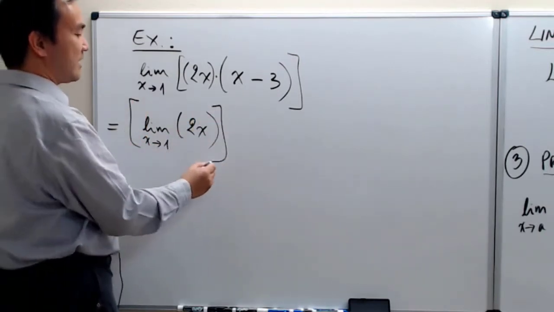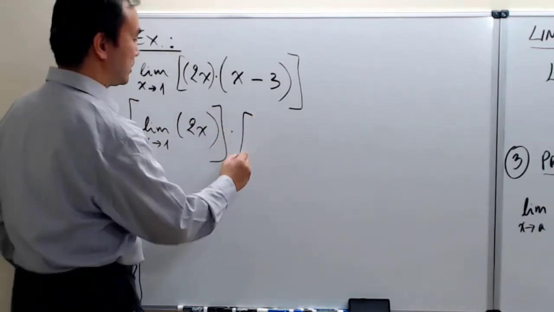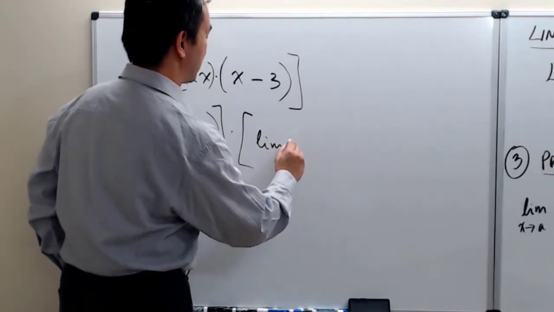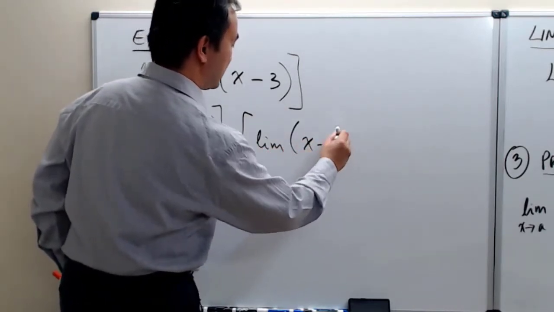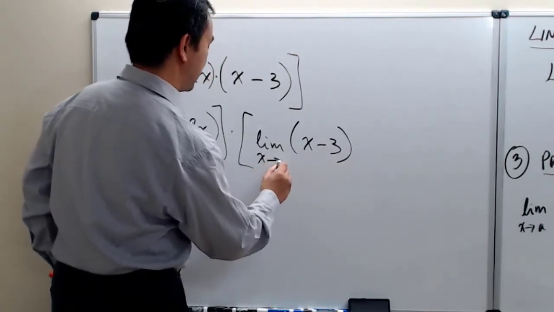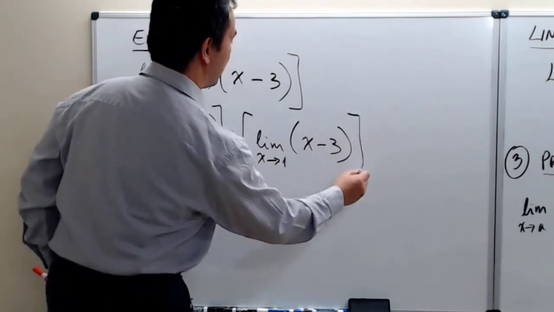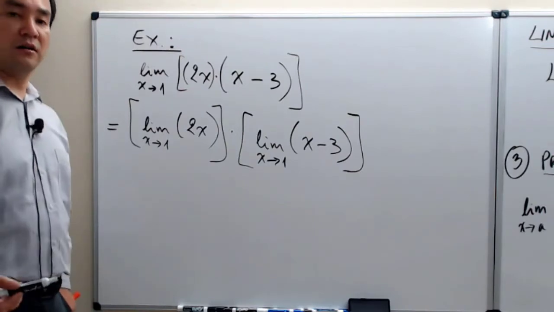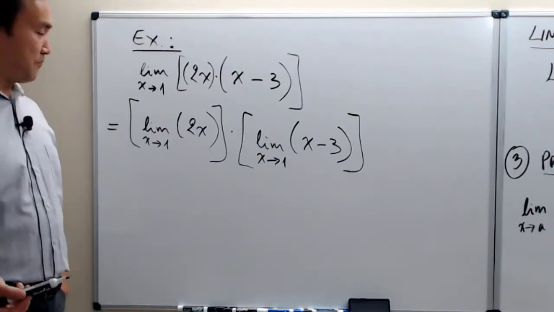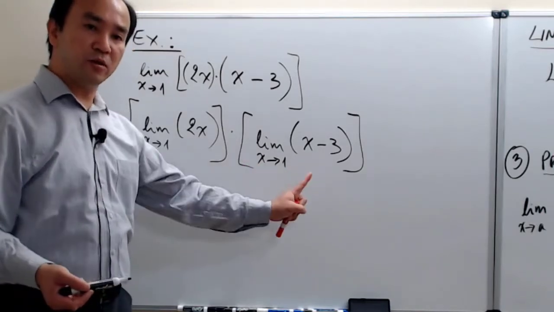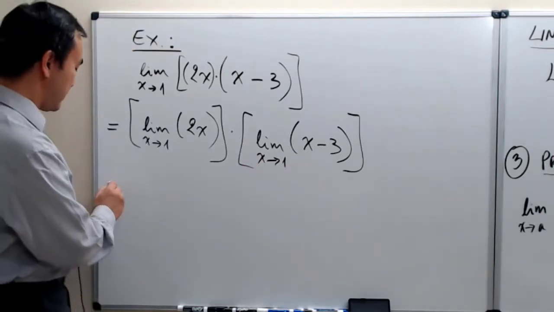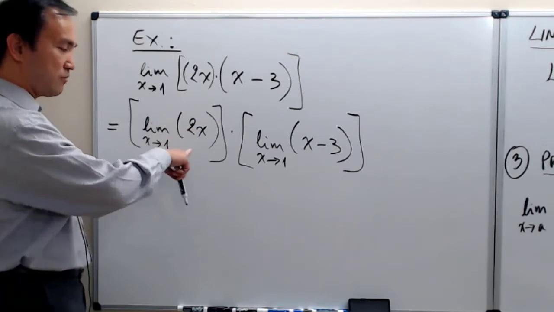And once we get that done, we can multiply with the other separate limit, the limit of the function x minus 3 as x gets close to 1. So the product of limits law allowed us to separate it down into two separate little individual works. And now we have seen how to work with similar problems like this.